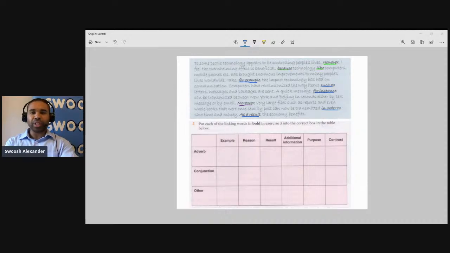So I've used different colors to indicate the different grammatical parts of speech. So most of these are phrases, we can see, for example, such as, for instance, in order to, as a result. And as they are phrases, they don't fit into the adverb or conjunction box.